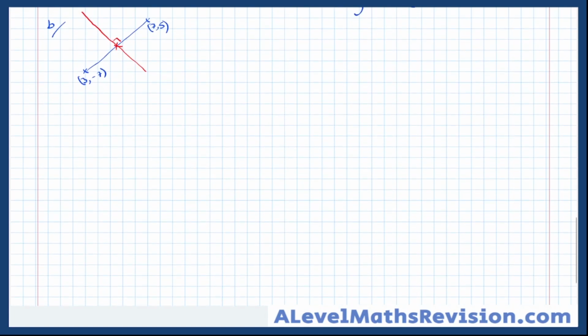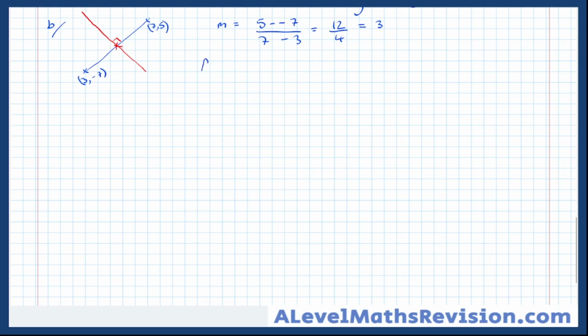So first thing we need to do is find the gradient of the line. So the gradient of the blue line is the one we can calculate. M equals, and let's do the gradient formula. So y difference, 5 minus minus 7, over x difference, 7 minus 3, which is equal to 12 over 4, which is 3.